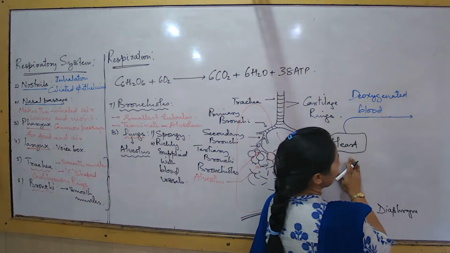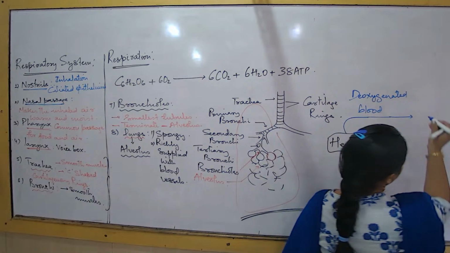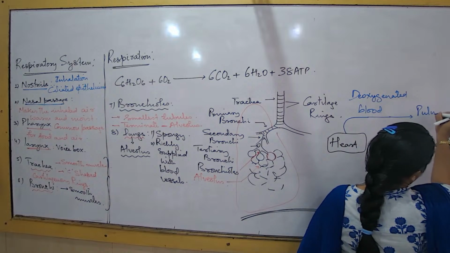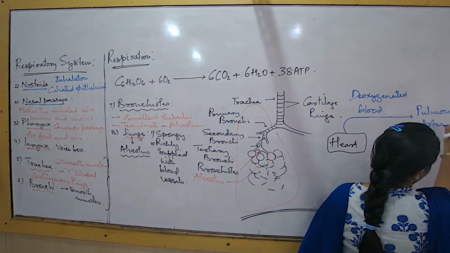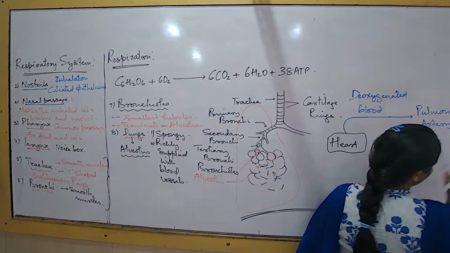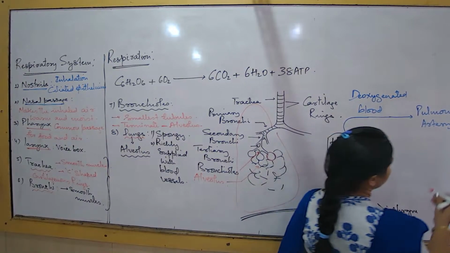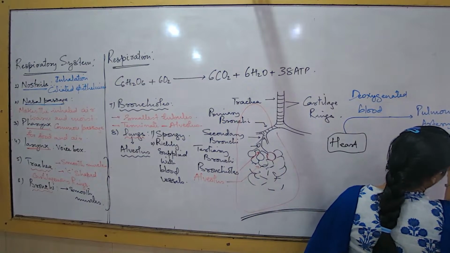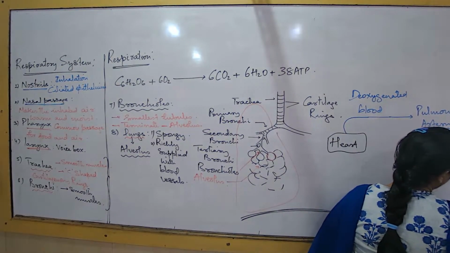So the heart is carrying deoxygenated blood by what type of a vessel? By a vessel known as pulmonary artery. Now, the blood carried by pulmonary artery, what is the type of the blood? The type of the blood is deoxygenated, already we mentioned.